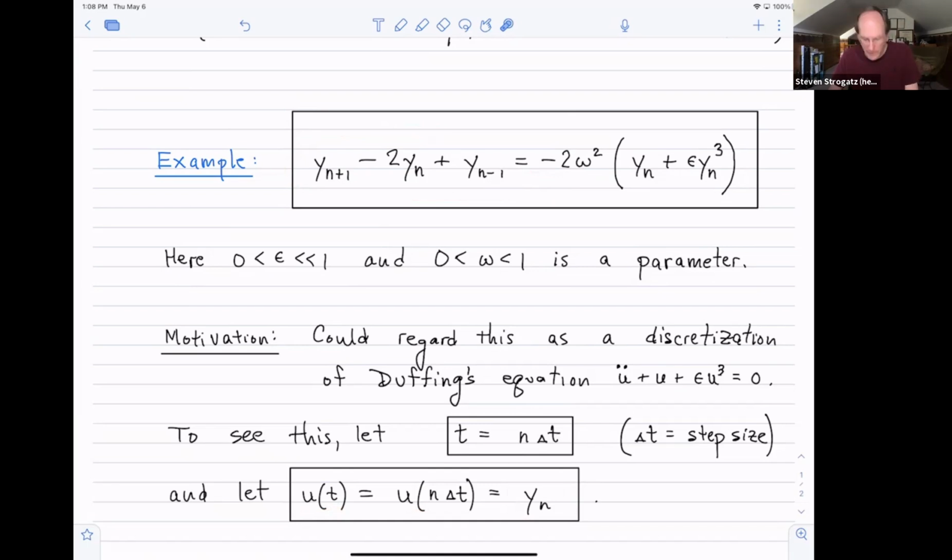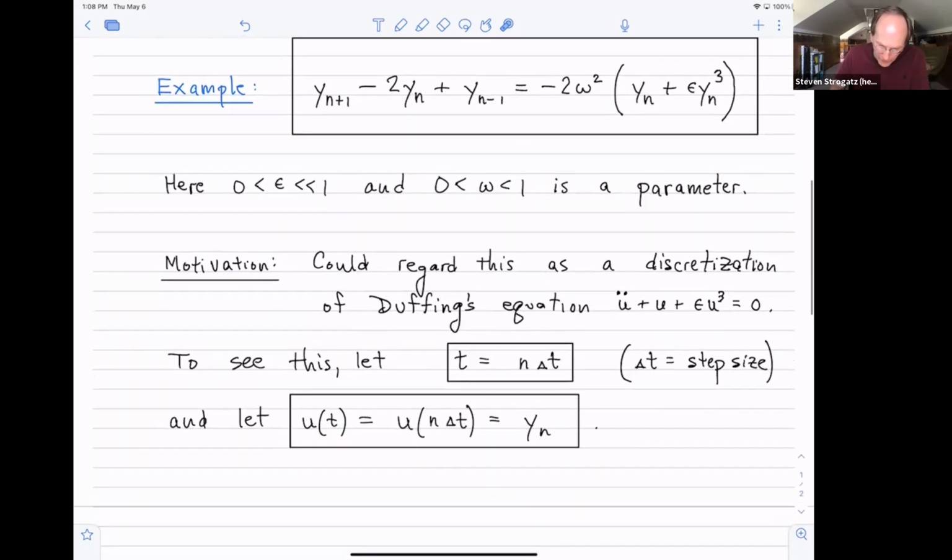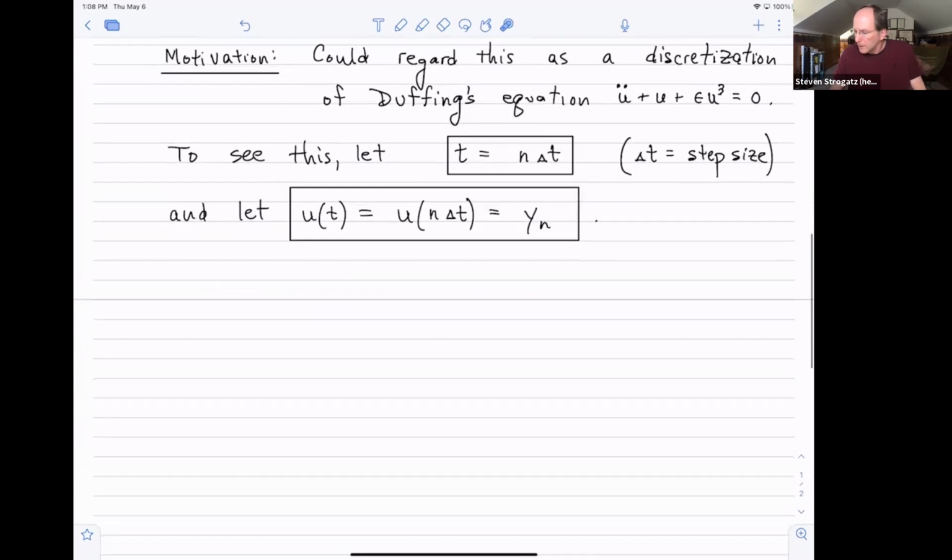So now, what does that have to do with Duffing's equation? So let me now write down what is the discrete counterpart of a first derivative or a second derivative, just in case this is not familiar to you. So for instance, a first derivative, u dot.